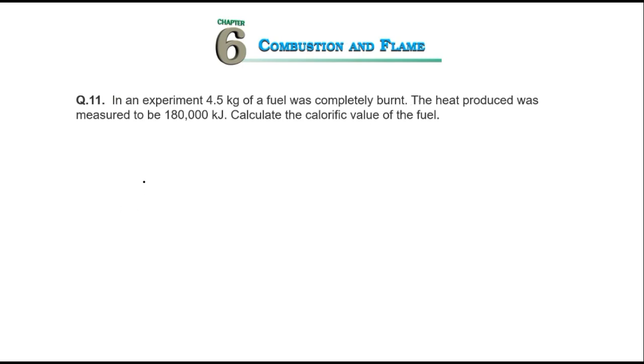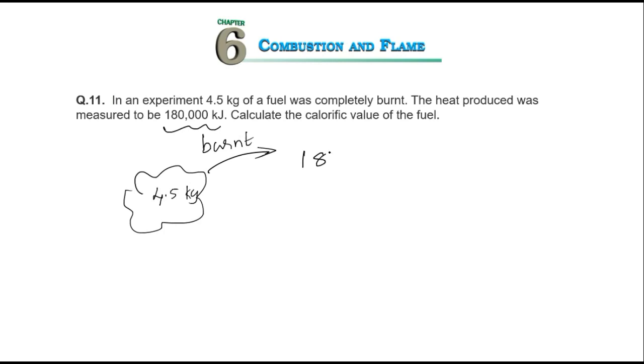So there was a fuel, and what is the weight of the fuel? 4.5 kg, and when it is completely burnt, the heat produced was 1,80,000 kilojoules. So what is a kilojoule?